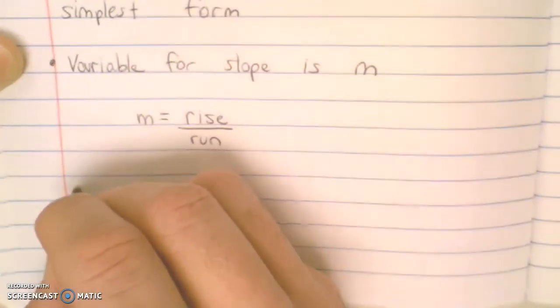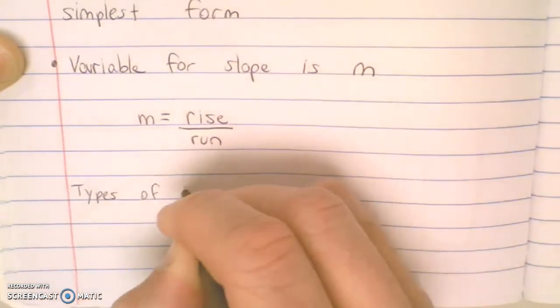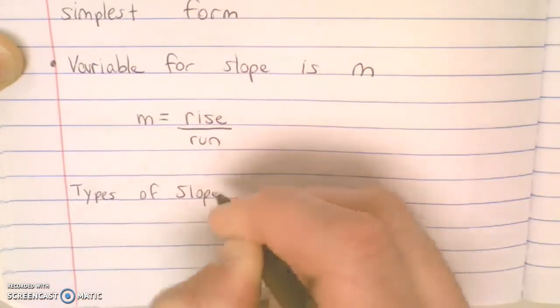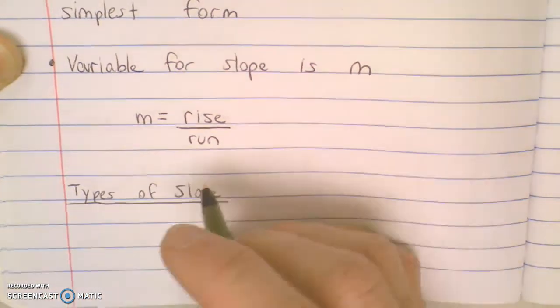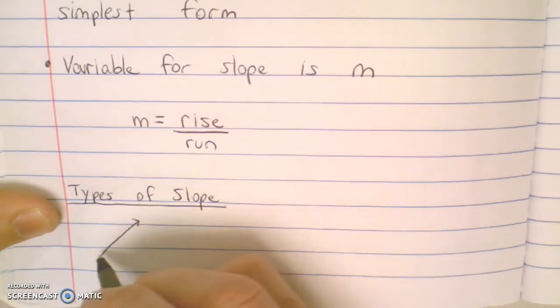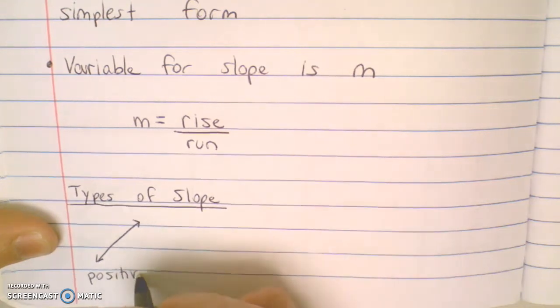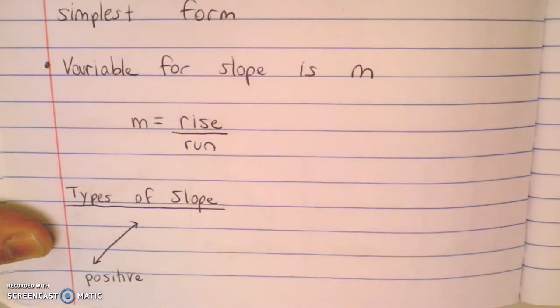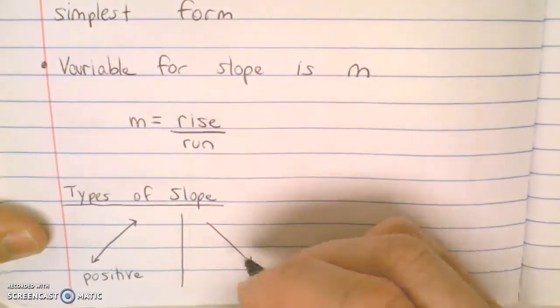So there are a couple of types of slope that we'll talk about. The first type is when you have positive slope. So positive slope is when you go from left to right, and the line is going up. That's a positive slope. Negative then is just the reverse.